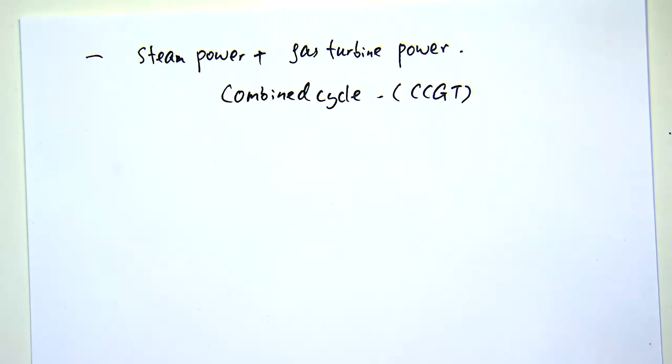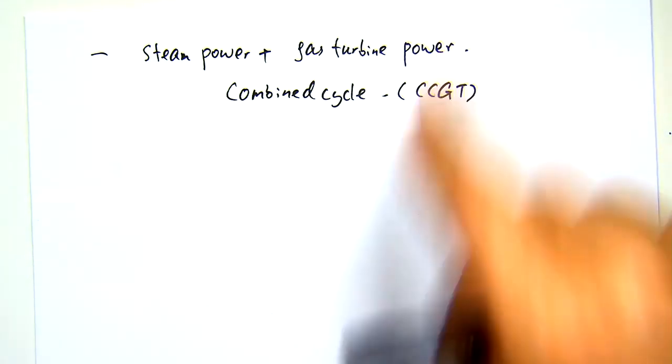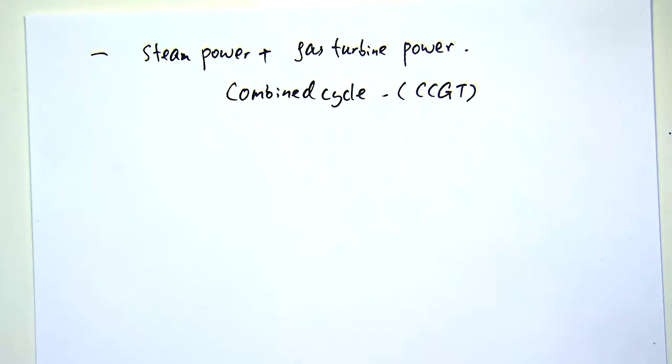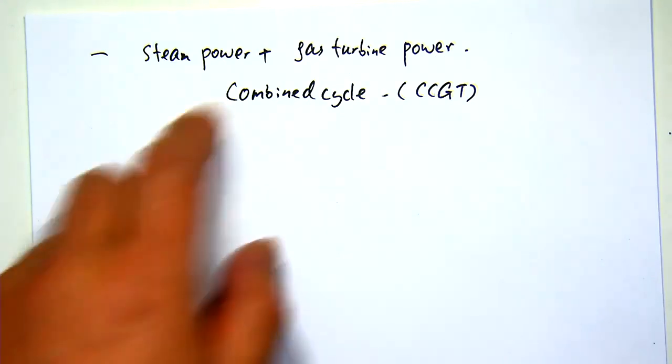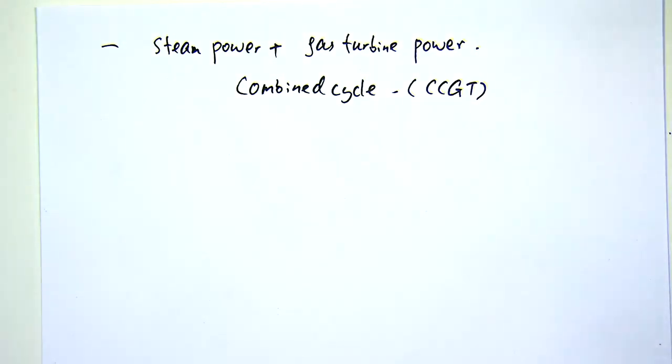So the idea is to use the gas turbine exhaust, which is at a significant temperature, as the heat source to generate steam. You combine these two, using the significant amount of enthalpy in the gas turbine exhaust to produce steam. So that's the idea there.